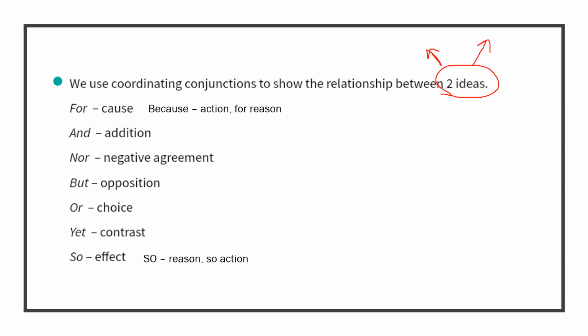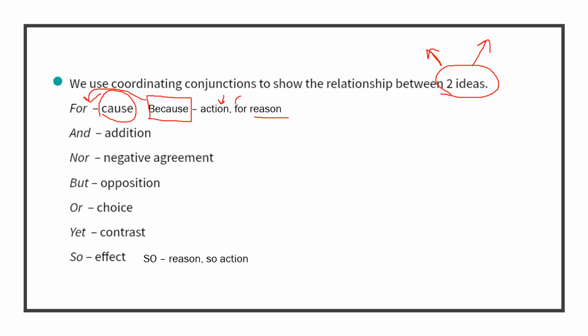Okay. For is used for cause. For means because. Because is not a conjunction. In place of because, we will always use for. For means to tell the reason. We basically tell the reason. So there is an action, that means somebody is doing something.